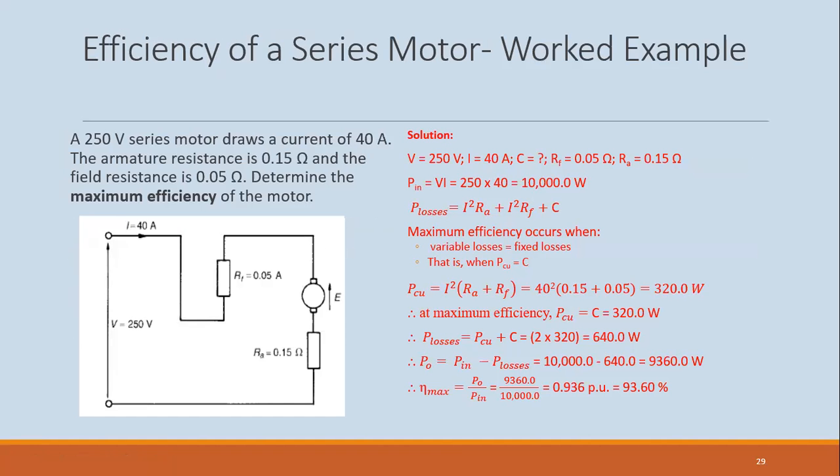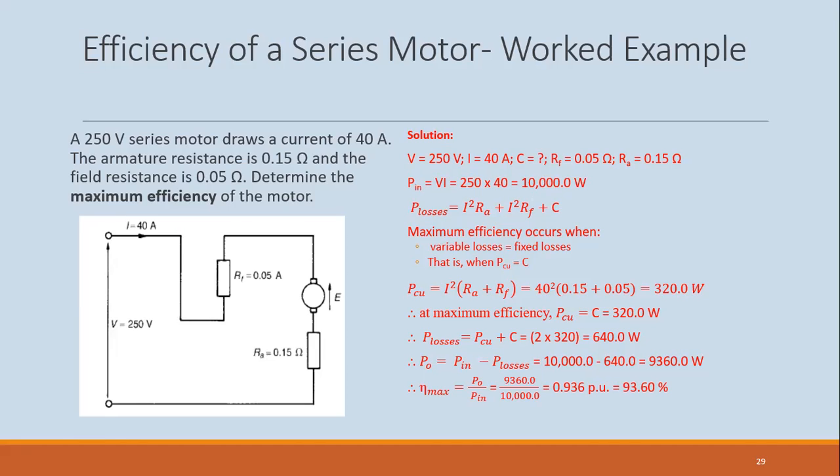All right, so here is another example. This time it is a series motor, efficiency of a series motor. A 250-volt series motor draws a current of 40 amps.